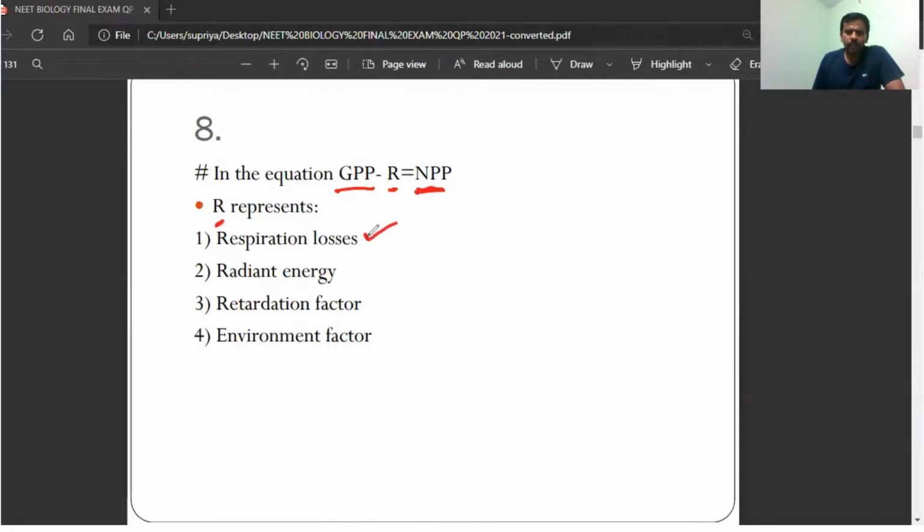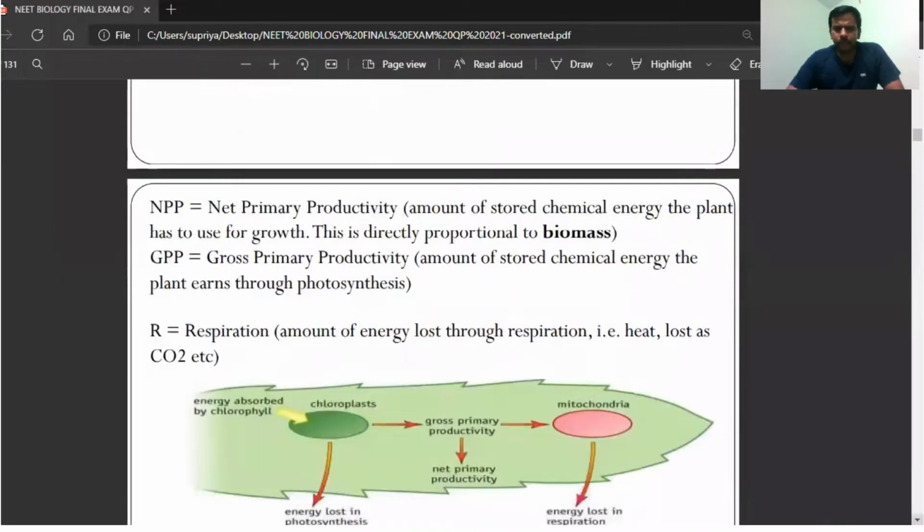The options: respiration losses, radiant energy, retardation factor, environment factor. Before going into the options, once again you'll see the explanation. See students, here NPP is net primary productivity. What is that? The amount of stored chemical energy the plant has to use for the growth.